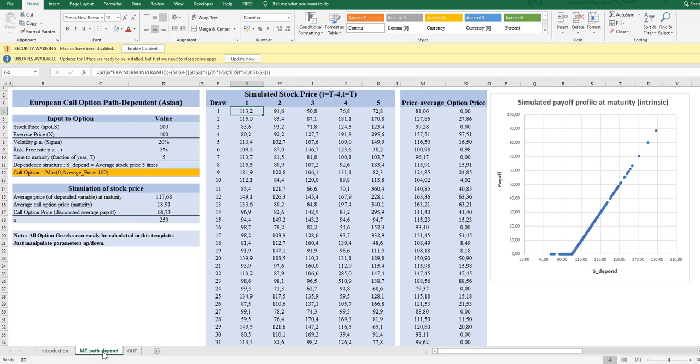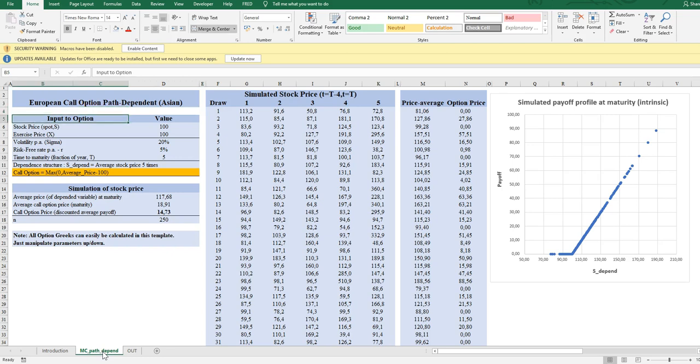So this constitutes an Asian style option, and normally we calculate the path dependency in the Asian options by taking the simple arithmetic average of a path of stock prices, and in this case, with the structure here that I have 5 years, we take the average of the stock price of all those 5 years, including the maturity date simulated price.